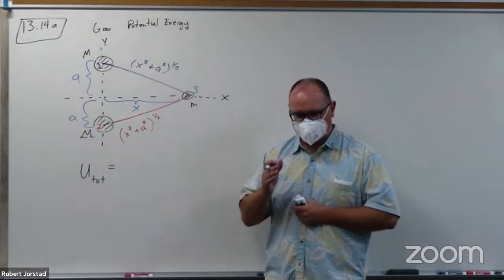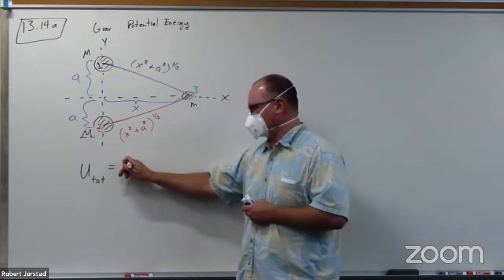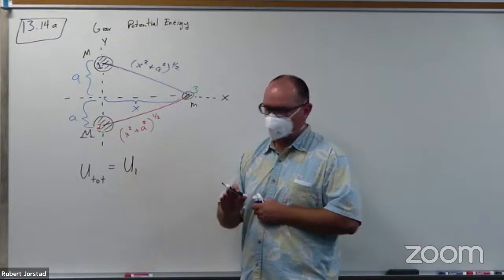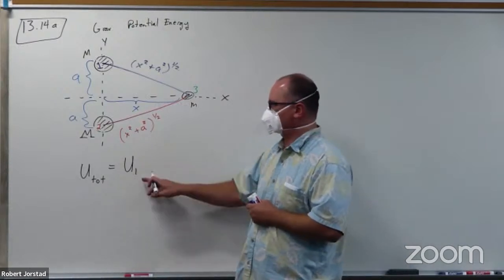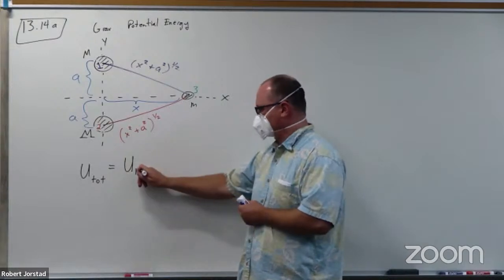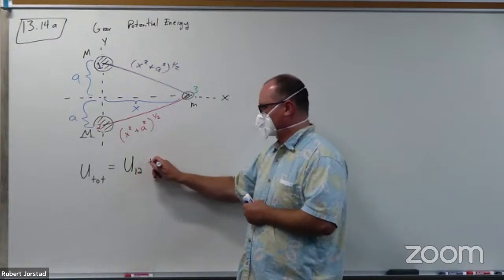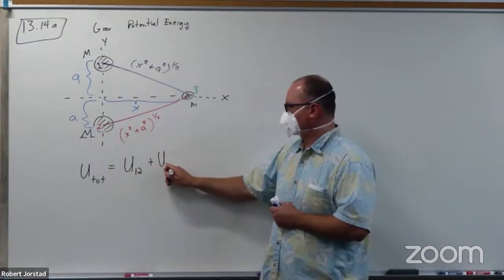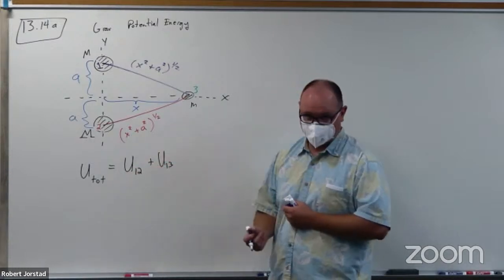So the way I keep track of them is I keep track of my pairs like this. First, I start with anything that's paired up with 1, and I start at the lowest number. So U1 plus U2. Are there any others that I could pair up with mass 1? 1 with 3, and then I'm done.